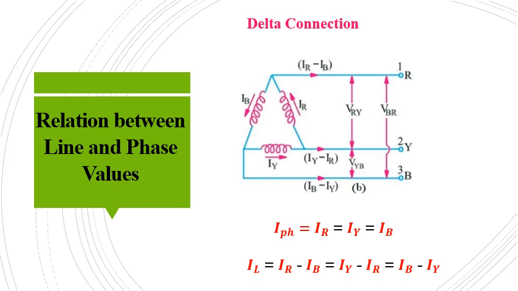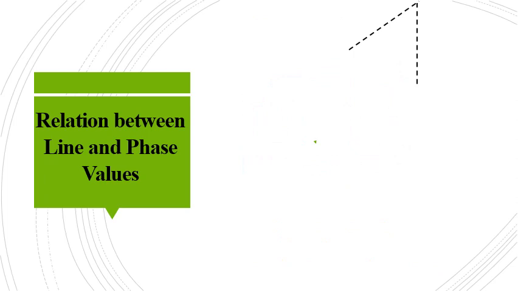Now let's see the relationship between the line current and phase current. For that we need the phasor diagram. We take the line current in the first transmission line, that is IL equal to IR minus IB.